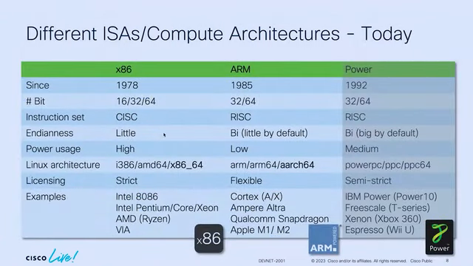I know there are more compute architectures active today, but the two major ones are x86 and ARM. x86 has been around the longest, from the Intel 8086, and evolved from 16 to 32 to the current 64-bit version where we are now. x86 is a CISC type of instruction set, meaning complex instruction set compute.